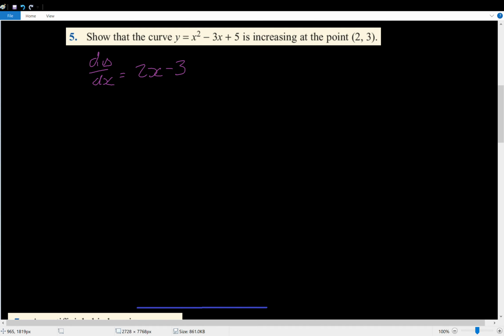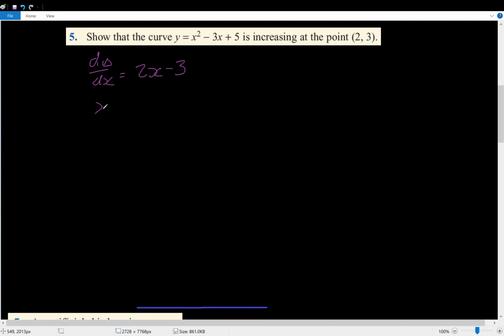And dy dx is a way of finding the slope of a tangent to a curve at a given value of x. In this case, the given value of x is going to be 2, because it's coming from the point 2, 3.